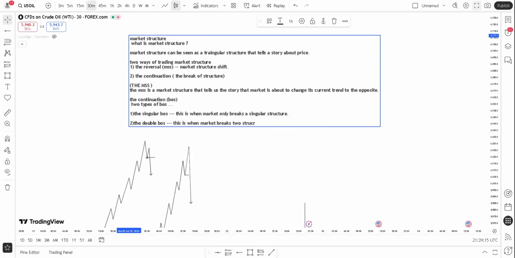Now, these two structures consist of the previous structure, right? And the current structure. Good.